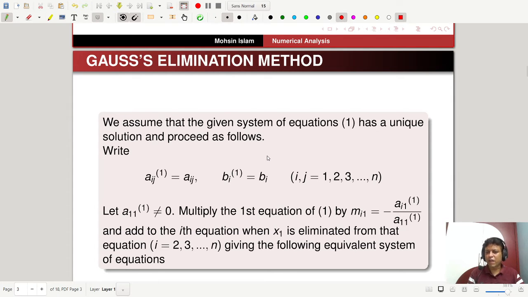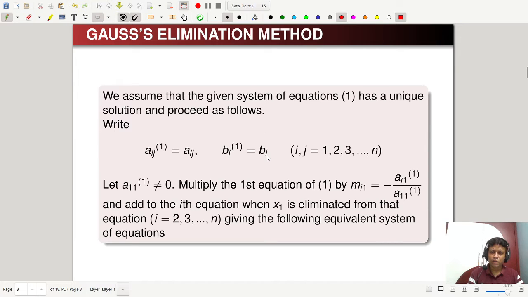So what is Gauss elimination? We assume that the given system of equations 1 has a unique solution. That means the coefficient determinant must be not equal to 0, and proceed as follows. Let us write aij1 equal to aij and bj1 equal to bj, where i, j equal to 1 to n.